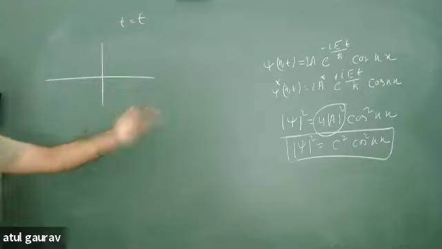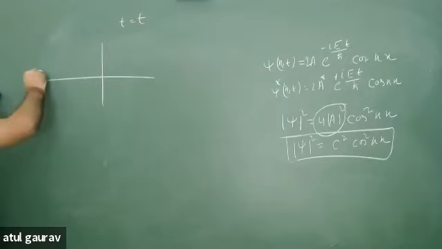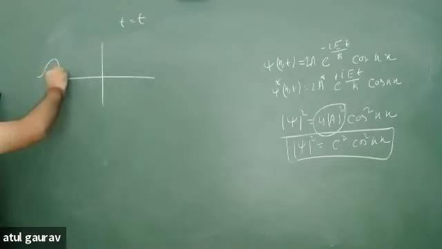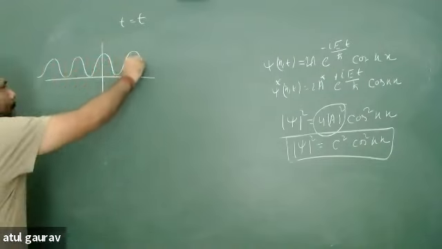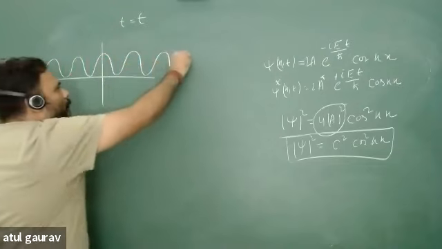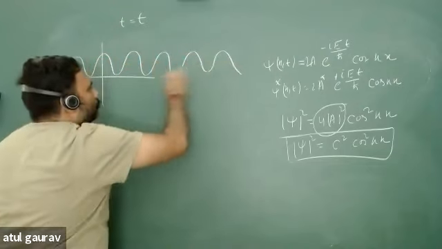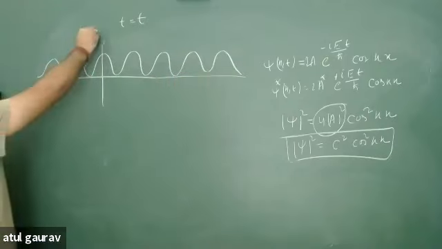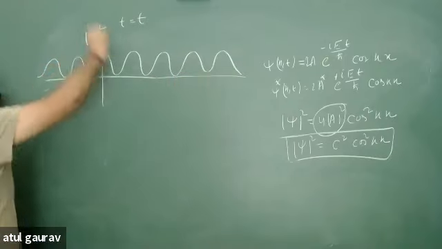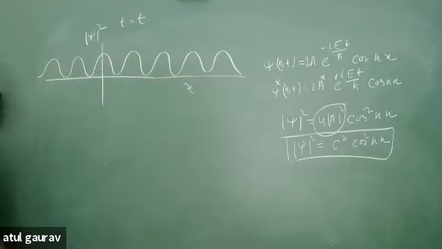And it is independent of time, so every time it will remain the same. What will the plot be? Something like this, isn't it? Obviously there is some problem, but let's talk about mod psi square of x. What is the problem? I will tell you later. But right now, you have this kind of situation.